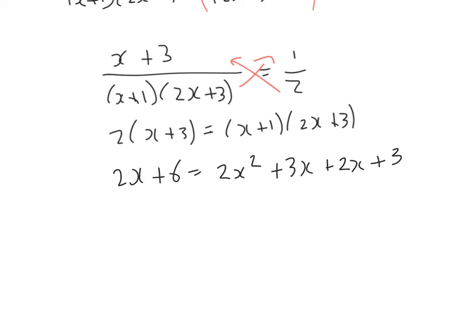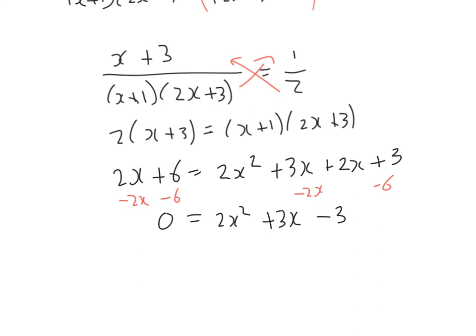Again, it looks like a quadratic, so the best thing you could do would be to get it equal to 0 if you're going to solve it, which means taking 2x off both sides and taking away 6 from both sides. So that still gives us 2x squared. We have 3x, we take 2x off, which means we still have 3x. And then we have 3, and we take away 6, which gives minus 3.